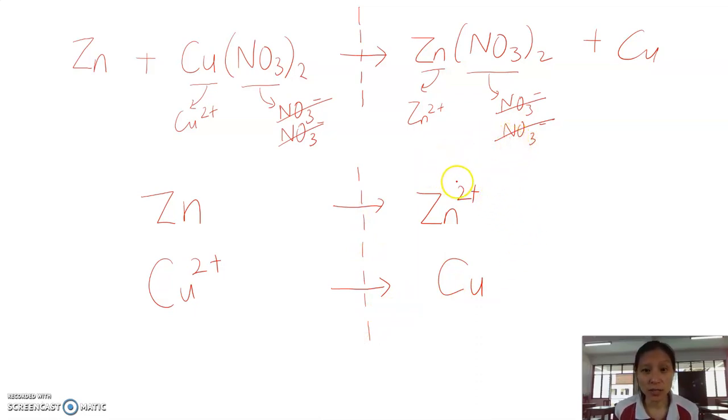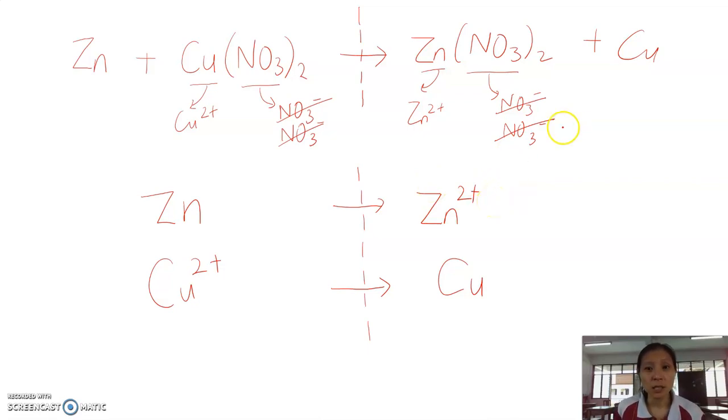Now you can see in the first equation, Zn has no charge, so that means it's zero charge. This one is plus 2. So I want to make 0 and equal on left and right side. So where should I put my e?